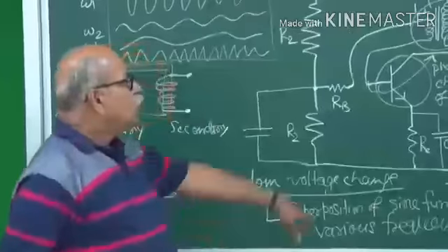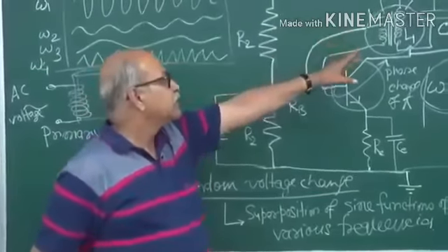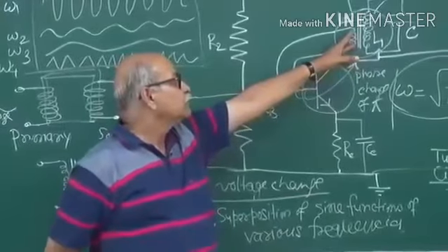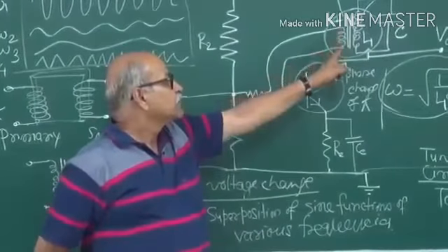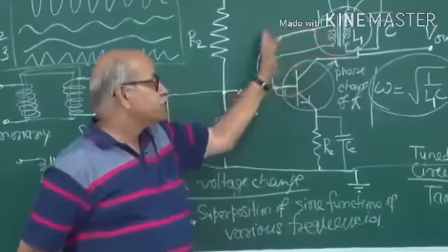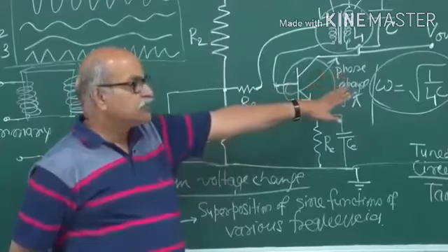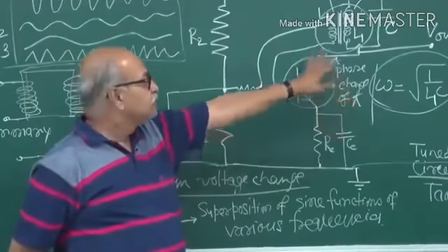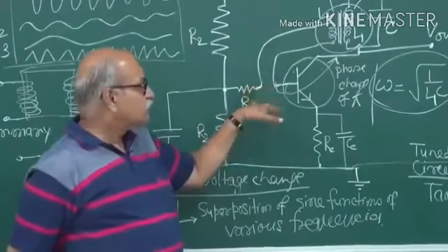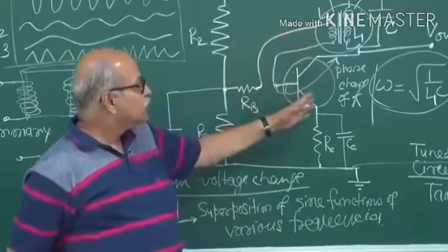And how much feedback is taken can be adjusted from this L2. The number of turns here will determine what fraction of this is taken as feedback. Essentially we need a constant amplitude at the end. If the feedback is more than that, we are in trouble, and if it is less, we are also in trouble.